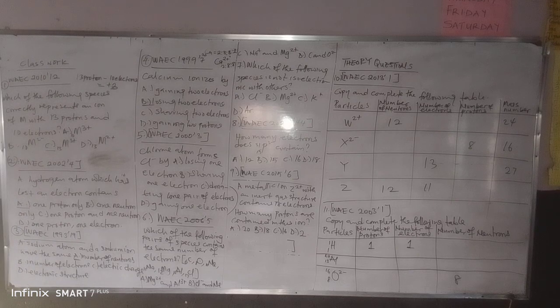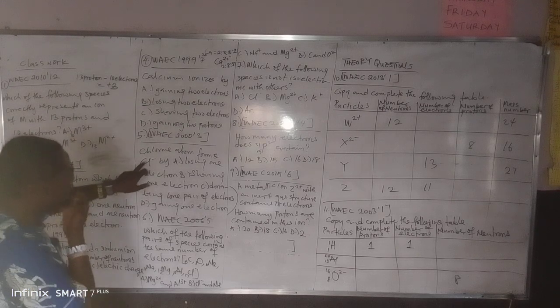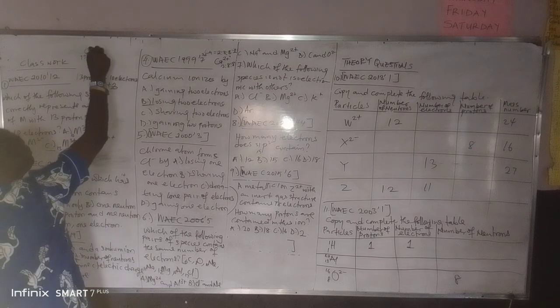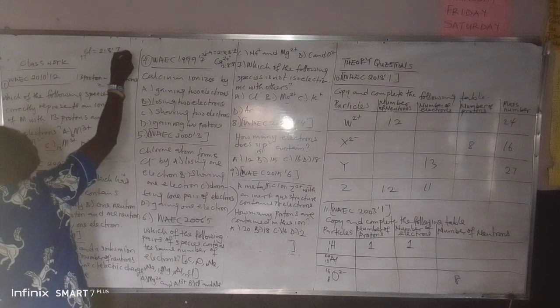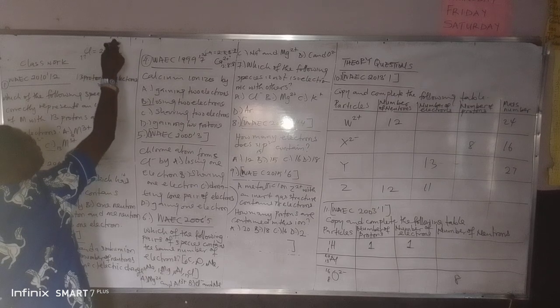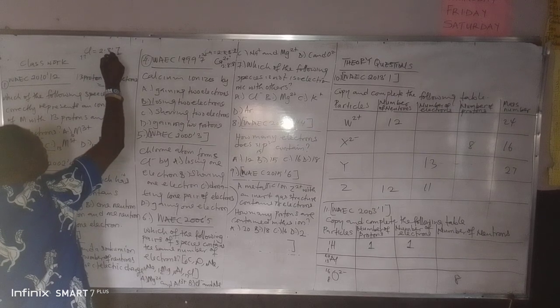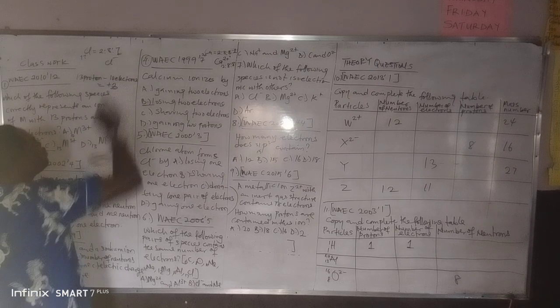Number 5, chlorine atom forms chloride ion, Cl minus ion, by doing what? Chlorine atom is Cl 17. Configuration is 2, 8, 7. So you can see if anything that is here is 4 and above, you have Cl minus. Take this one away from 8, you have 1, but it is minus 1.